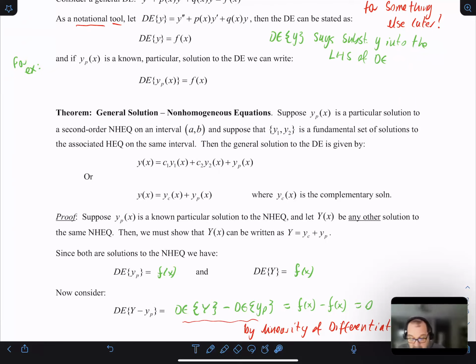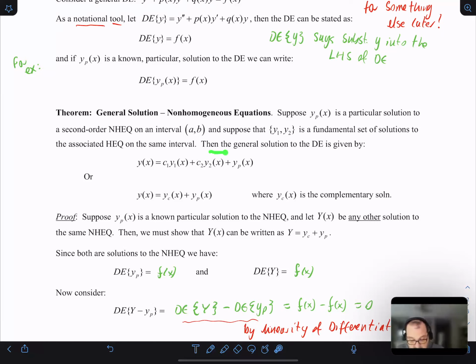So imagine that we have found some particular solution, not a general solution, just any old particular solution to the second order non-homogeneous equation. Also suppose that we can solve the associated homogeneous equation, and we have found two linearly independent solutions. We call this a fundamental set of solutions.